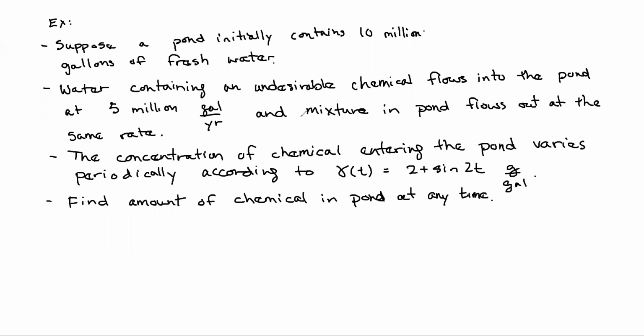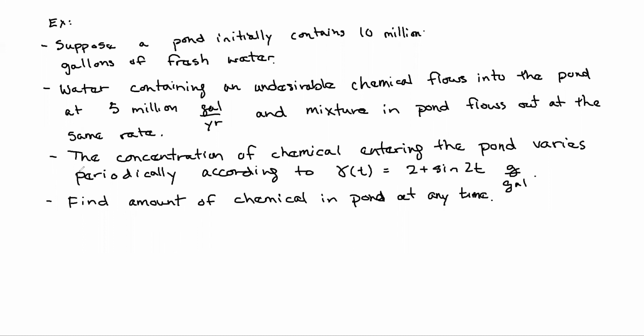Okay, so this is an interesting twist on the earlier problem. It's actually kind of a neat idea here, and that is that the concentration could vary over time. So we could end up having a function where the concentration of what's coming in varies.